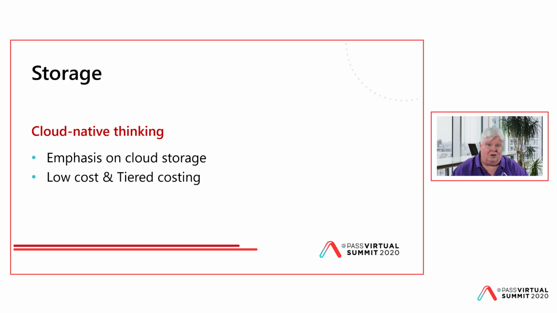Have I got hot storage? Is it readily available? Have I got cold storage? Maybe I have data of some type that I'm happy to wait a while for it to become available. And the key thing though is it's virtually limitless. So if you can work with that style of storage wherever you can in the organization, for applications, for databases, for all sorts of things, that's a much more cloud native way of thinking.